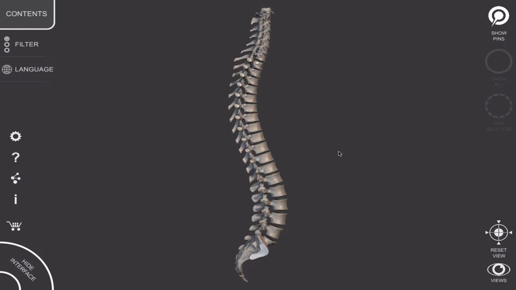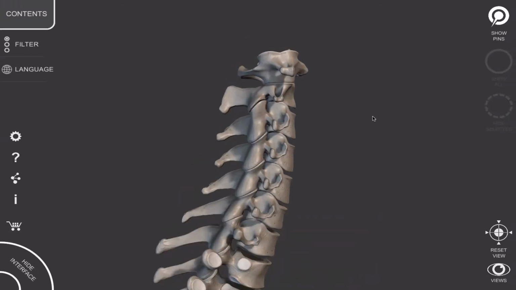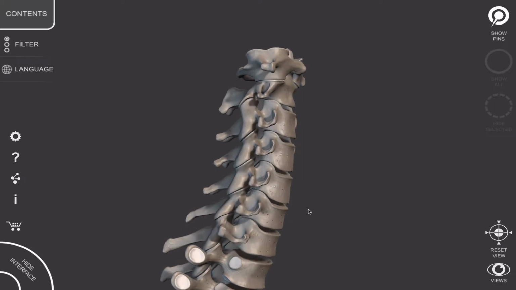In the cervical region, there are typically 7 cervical vertebrae. 1, 2, 3, 4, 5, 6, 7. And they are named simply C1, C2, C3, C4, C5, C6, and C7.